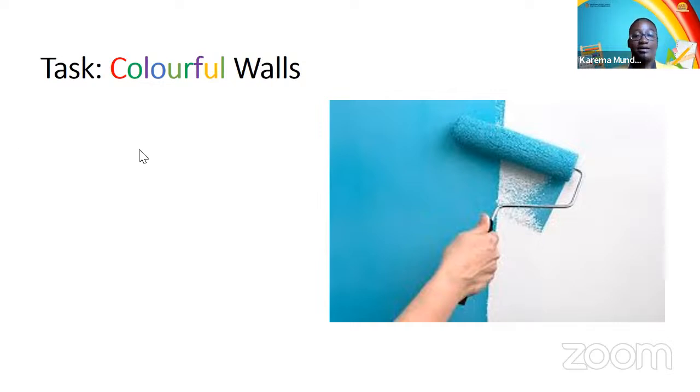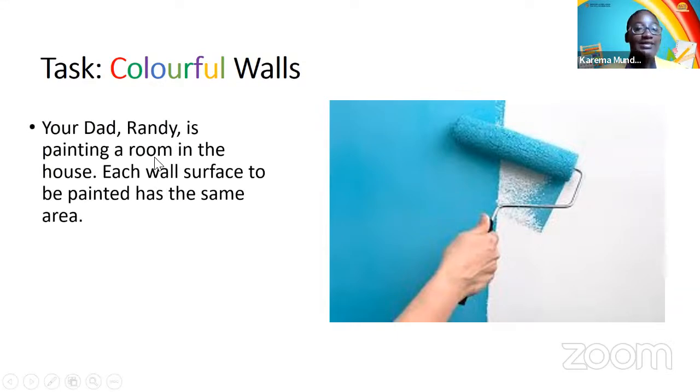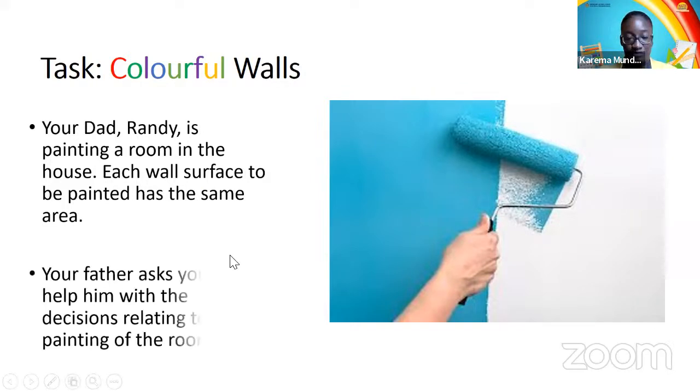So here's the task. Your dad, Randy, is painting a room in the house. Each wall surface to be painted has the same area. All right. Notice. And I know we didn't share a 3-read strategy with you today, but you may need to read it again to, you know, see what it is saying.